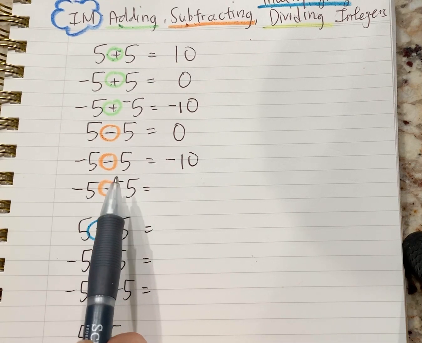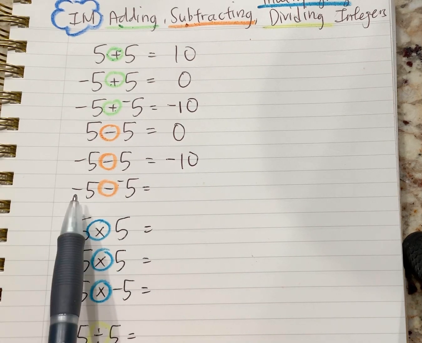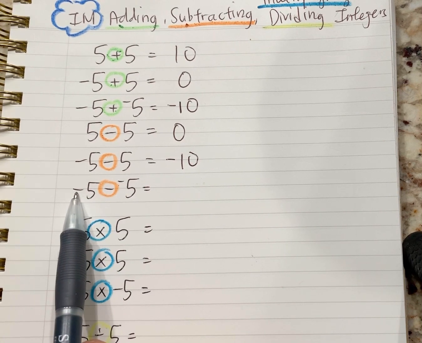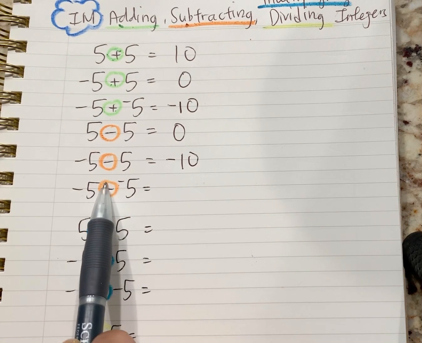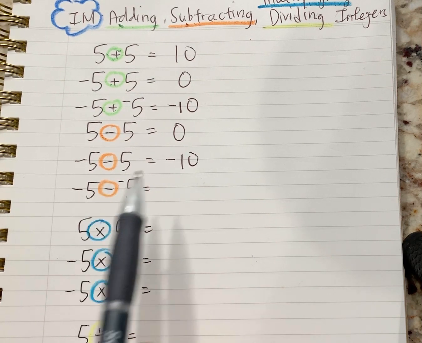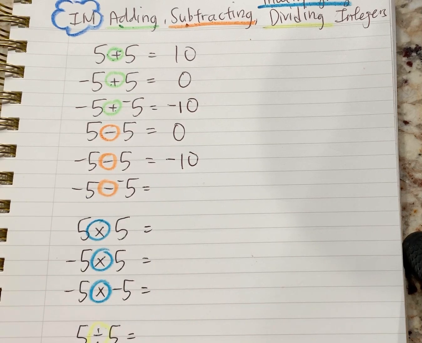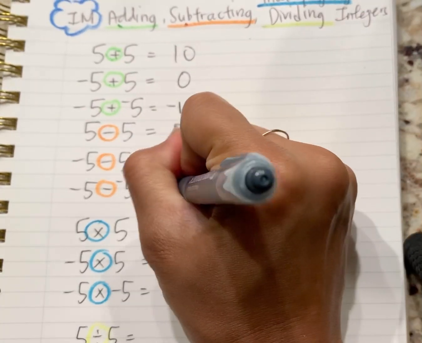Negative indicates debt. So you currently have $5 in debt. If she takes away $5 of your debt, do you have money in your pocket, or are you evened out at 0? That's right, you're evened out at 0.